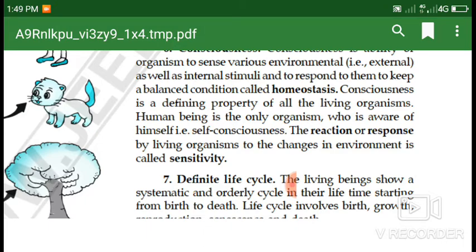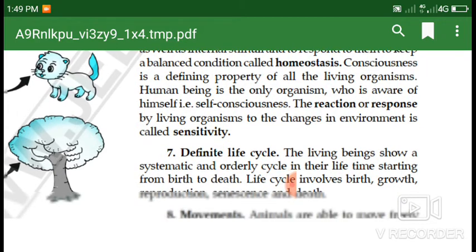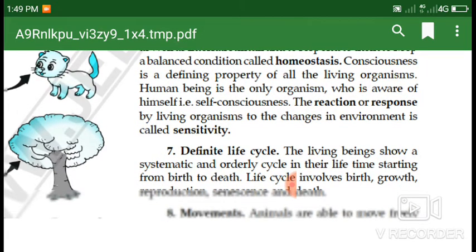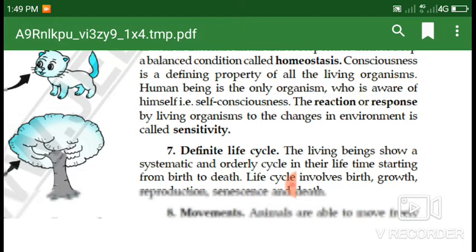So self-consciousness is the reaction or response by living organisms that is consciously observed by them. A change in the environment is called a stimulus, and whenever you observe that there is thunder, cold or rain, whatever you experience is the sensation, and that is nothing but consciousness.